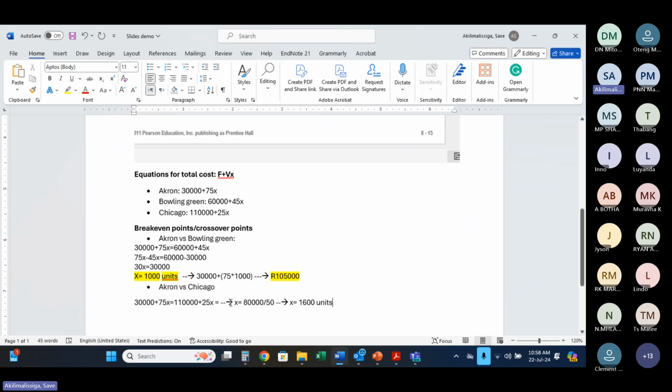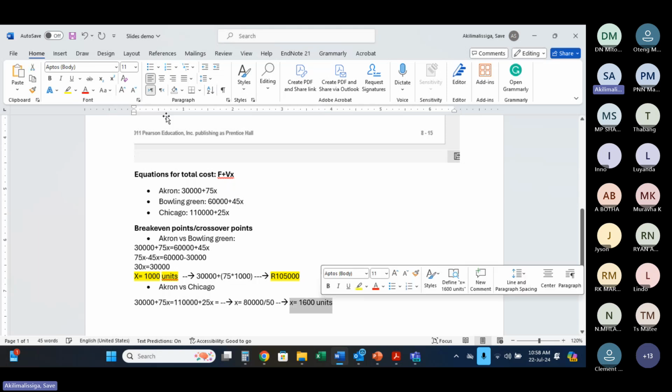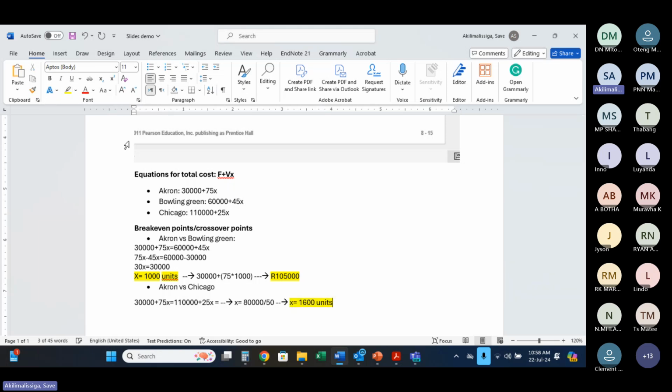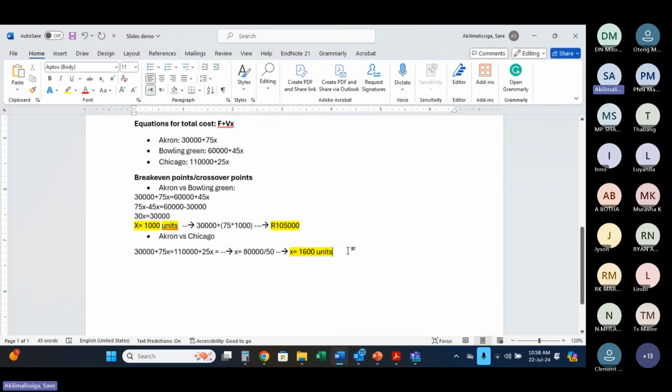Again, when you are coming from here, you are talking about the product. Now, what is the cost of producing 1,600? Again, from here, you just choose one of the equations.